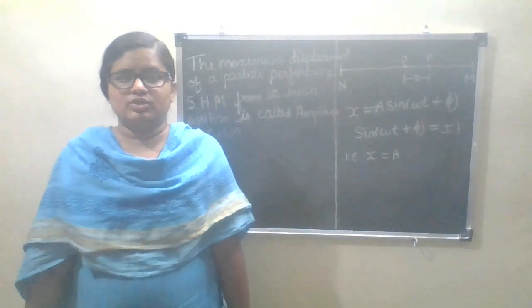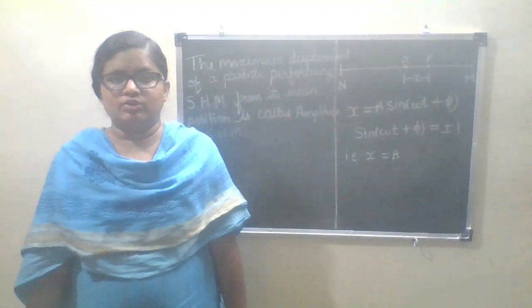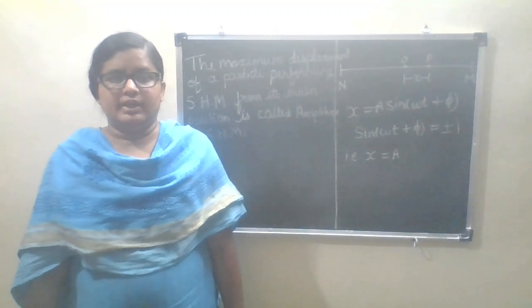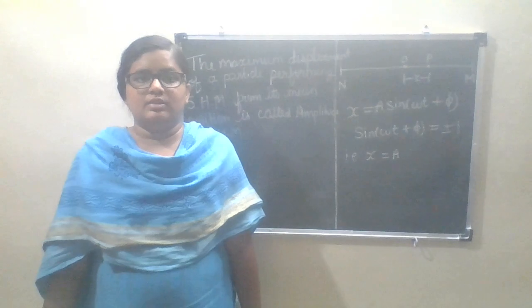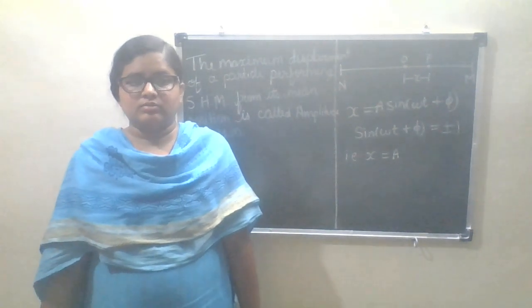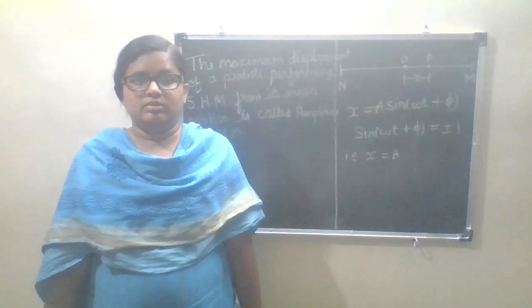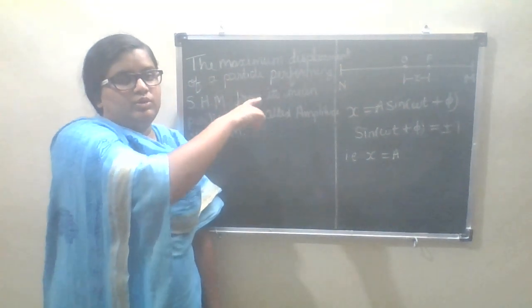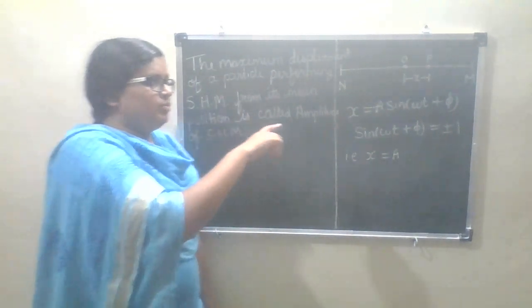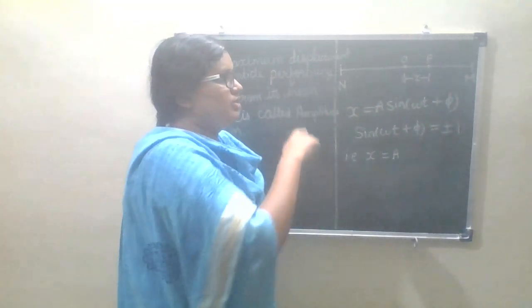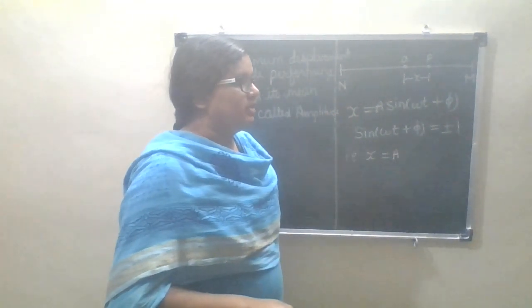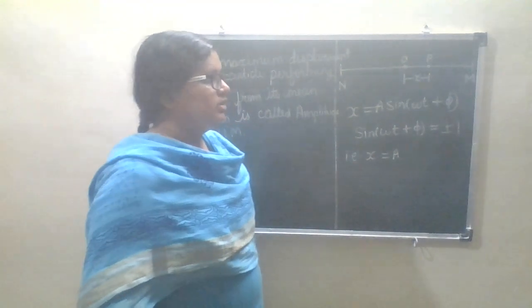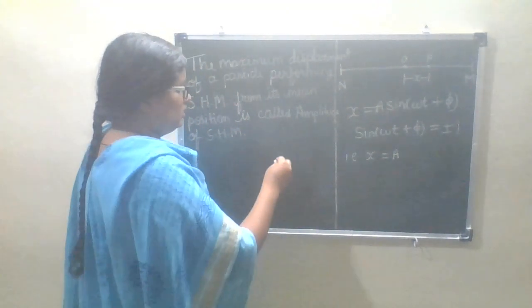If the question is asked in your exam, then you should write that consider a line MN, and on that the point O is at the mean position. On the board you can see this point O is the mean position of the MN, and suppose this is the pendulum.